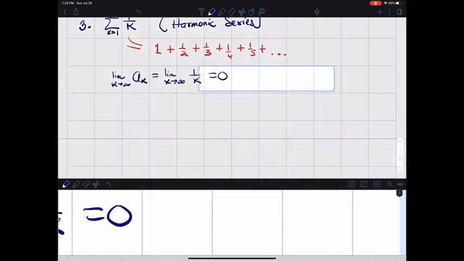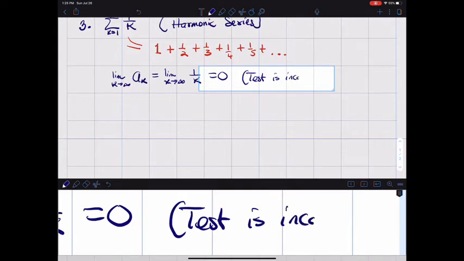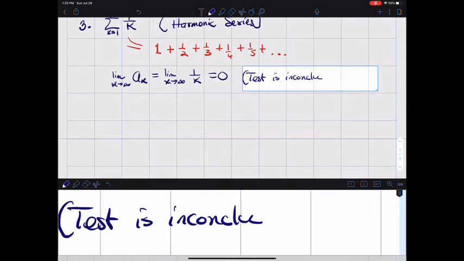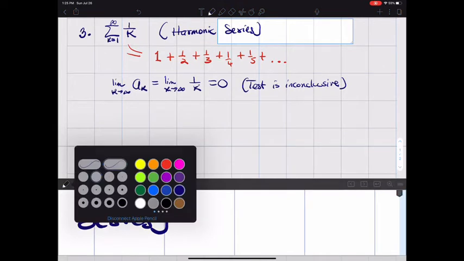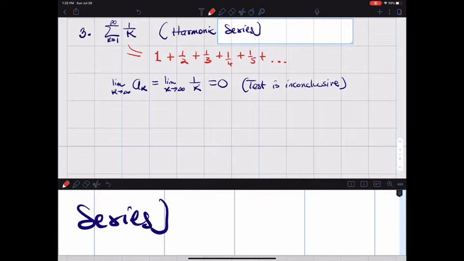But if it's equal to 0, we can't say anything. It doesn't mean it converges. So this test is inconclusive. But later on, we're going to be able to show that the harmonic series actually diverges.